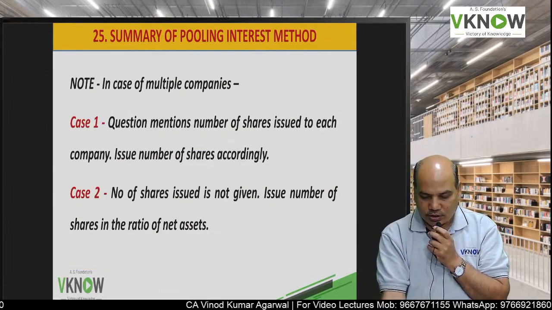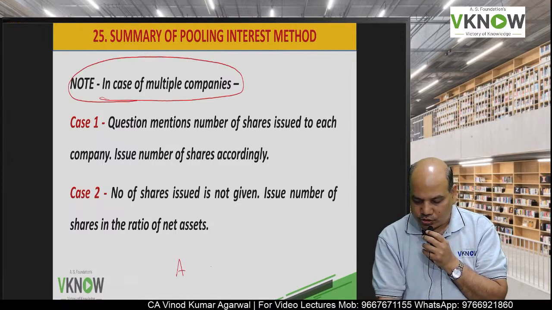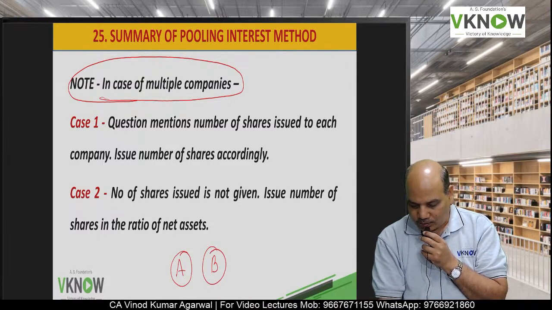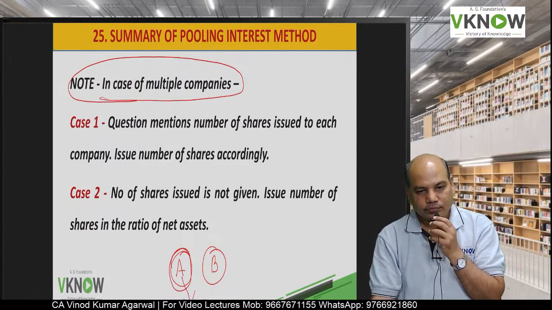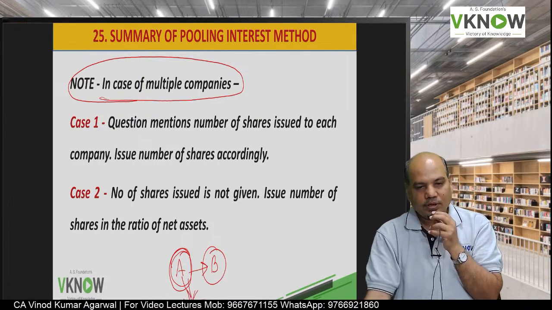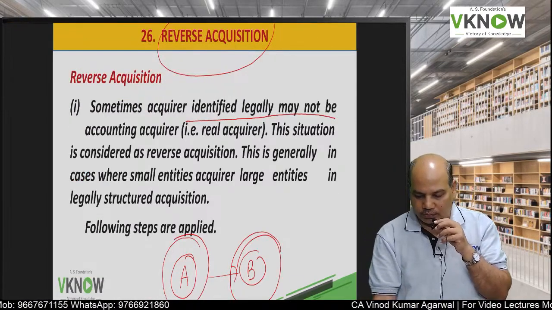Now this is highly tested in the exam. The institute gives you a question like this: there are two companies A and B. A new company AB is formed, but A has control previously over B and now over AB. So this may be a common merger. Okay.